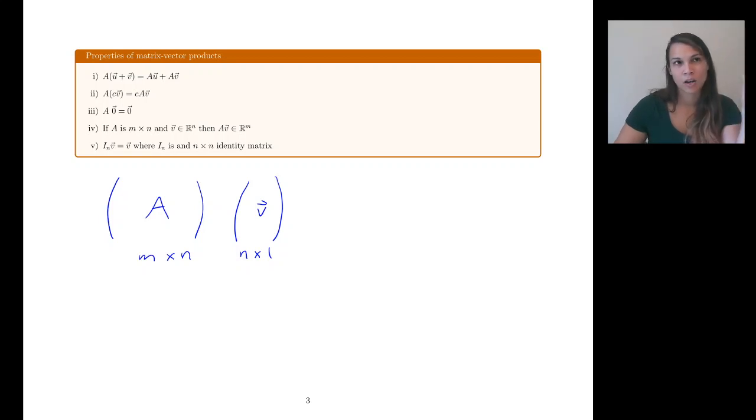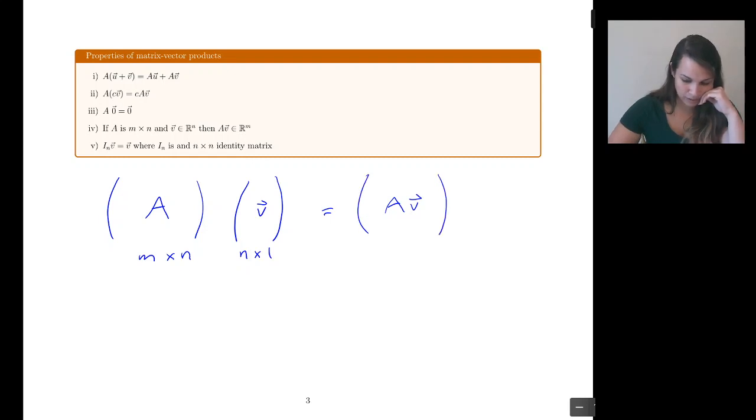You could think of a column vector as being a matrix with one column. The product AV together is going to be in Rm, which is the same thing as saying it has m rows and one column.